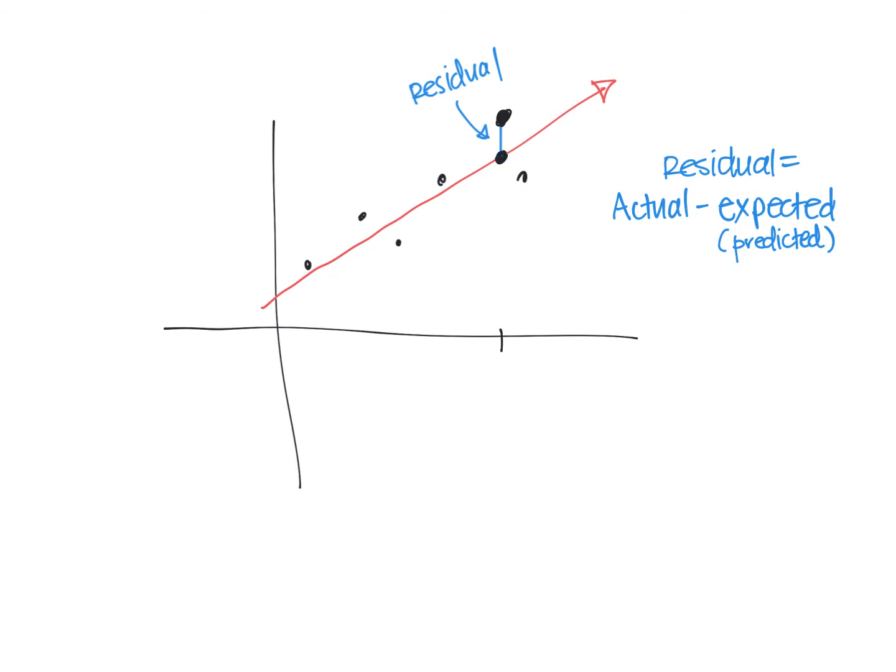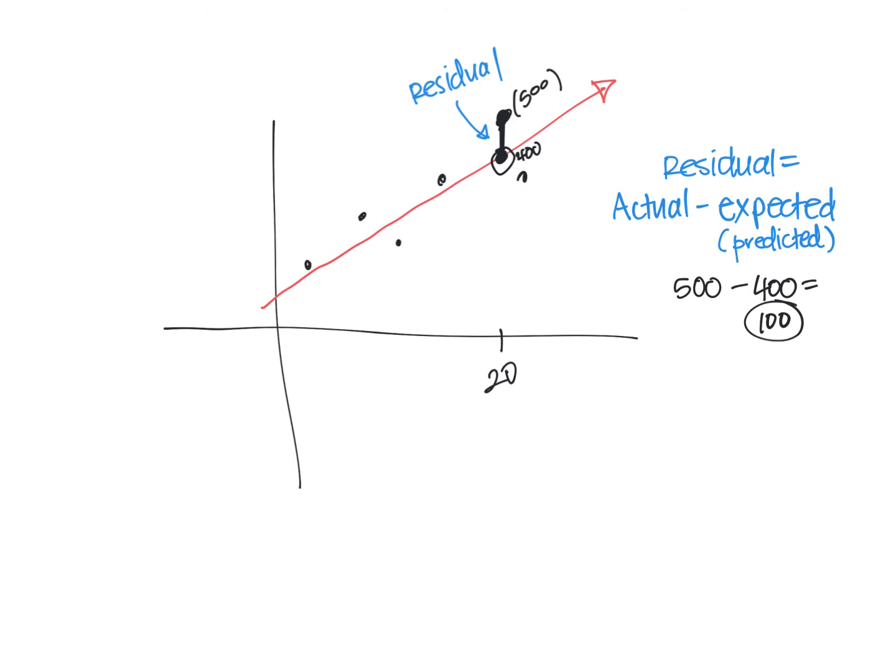Let's just say this was for after like 20 years or something. I would expect it to be here, but it was about here. The residual is how far away that is. So to find a residual, you take the actual amount, that would be here. Let's just say it was 500. I'm just making up numbers. And then minus the expected amount. Maybe right here, I expected it to be 400. So I would do 500 minus 400. My residual would be 100.